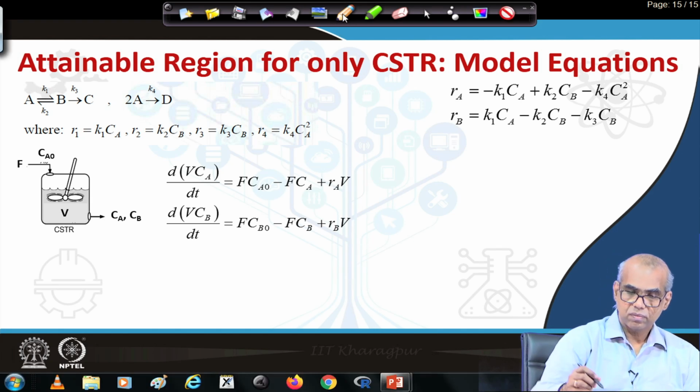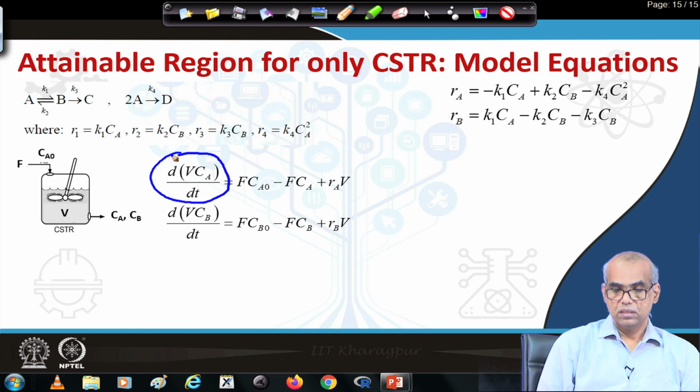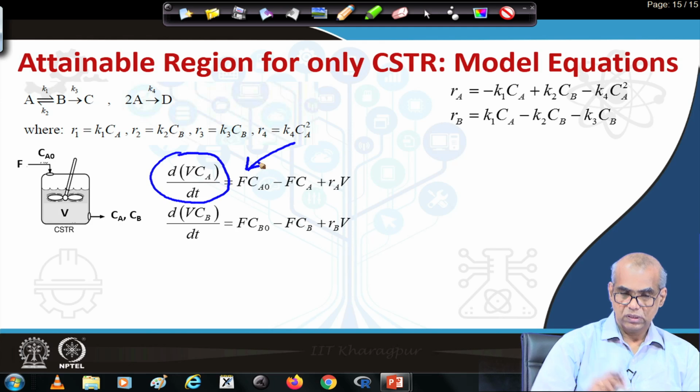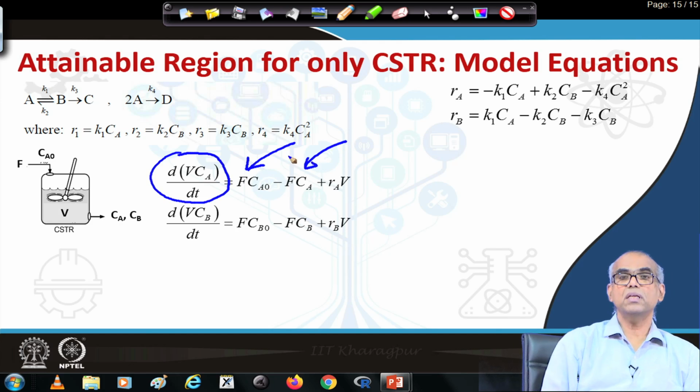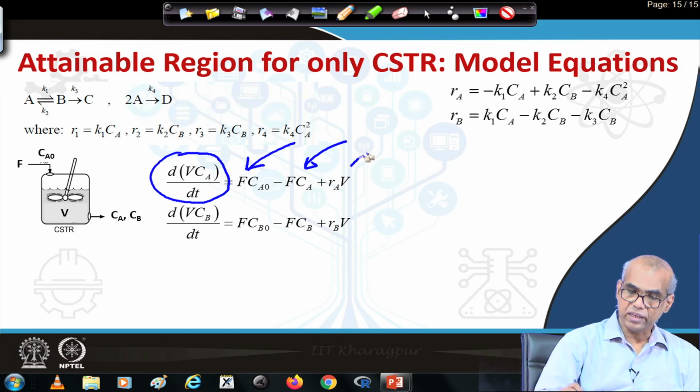So, which is the rate of change of concentration of A is equal to the term which indicates the amount of A entering the reactor, F CA0, the term representing the A leaving the CSTR, and then the reaction term.